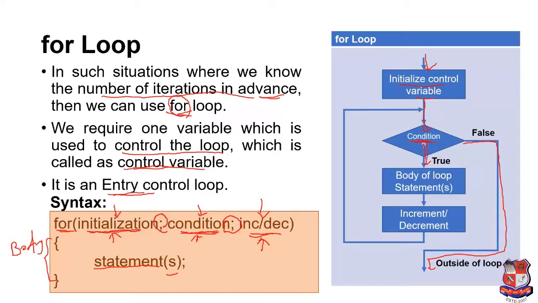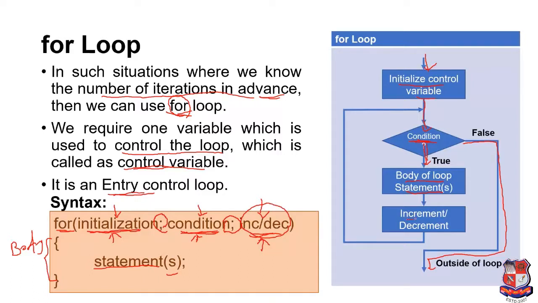But if the condition is true, then the body of the loop comes into the picture, and the statements inside the body of the loop will be executed. After that, the third thing of the syntax, that is increment and decrement.